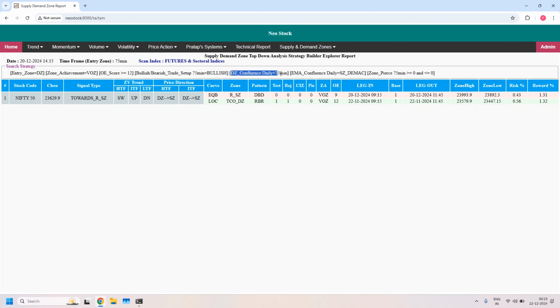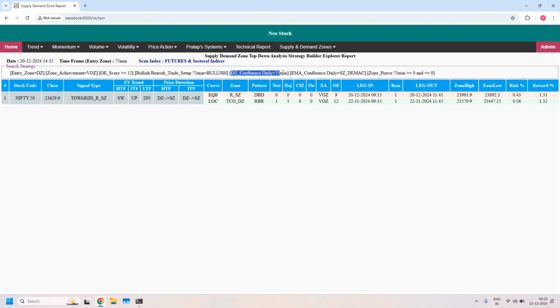That is what demand zone confluence and EMA confluence means. Sorry, I made a mistake here. This report is not valid. Please cancel it. I have to select daily demand zone with daily EMA confluence, not supply zone, because it is a bullish trade setup. In a bullish trade setup, our focus should be on the demand zones.